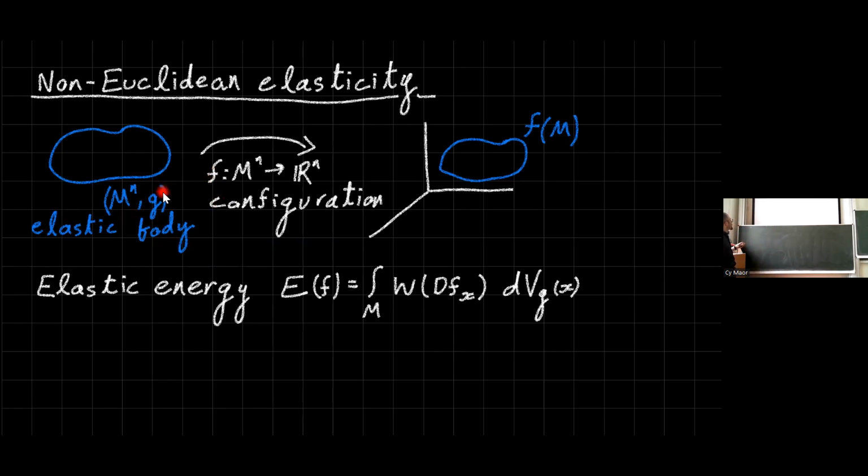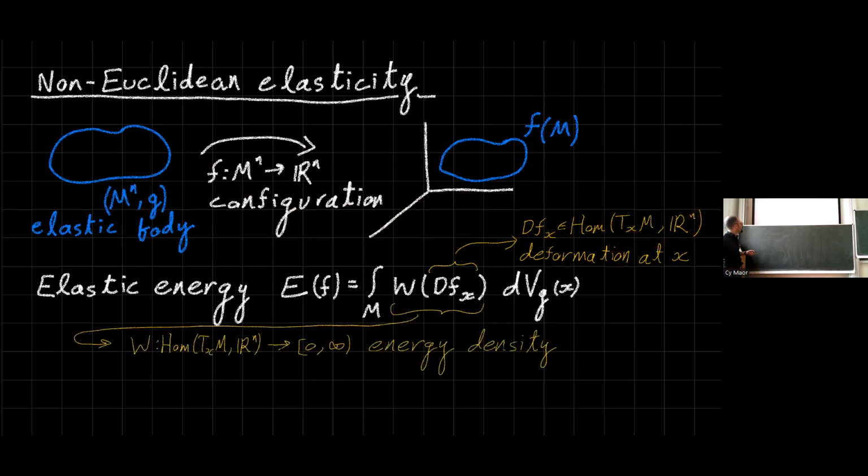Now, a configuration is, again, you map this manifold into Euclidean space of the same dimension, and now you want to have an elastic energy. The derivative at the point x is a map from the tangent space at point x to Rn. And your energy density needs to be a function that measures, at each point, how much it stretches at the point x.